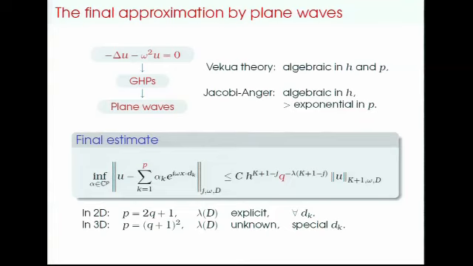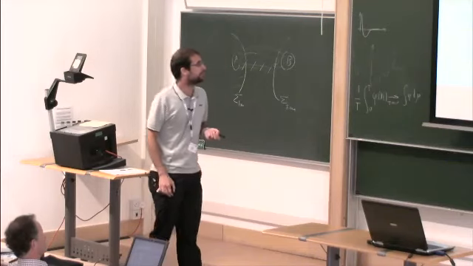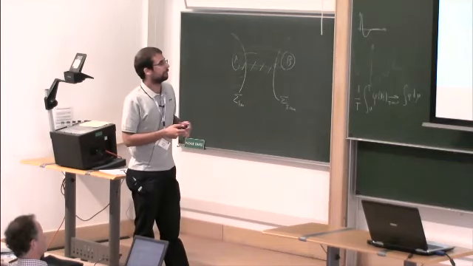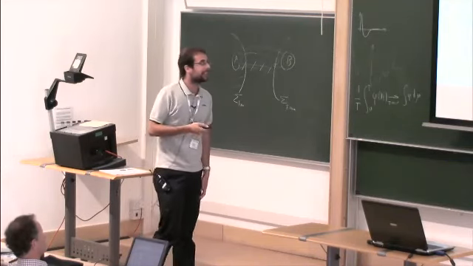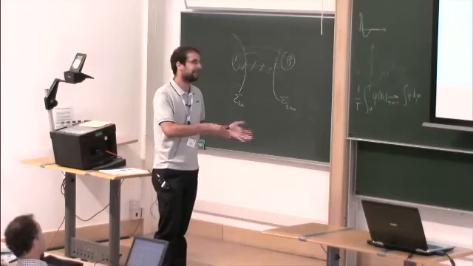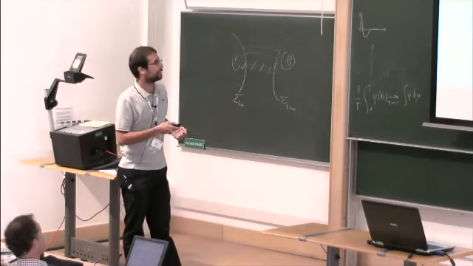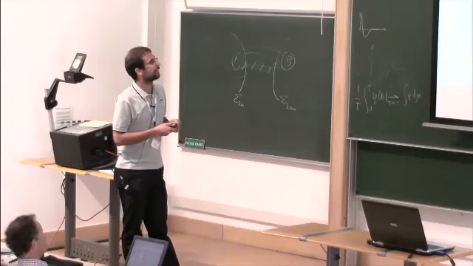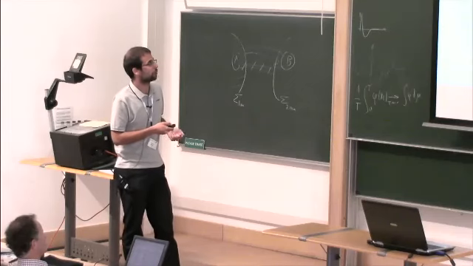And this gives an algebraic order of convergence in h and in q, where q now is not exactly the number of directions, but is a sort of degree of the space of plane waves. Like with polynomials, we have a degree and we have a number of degrees of freedom. In this case, q represents the degree and p represents the number of degrees of freedom, the number of plane waves we are using.